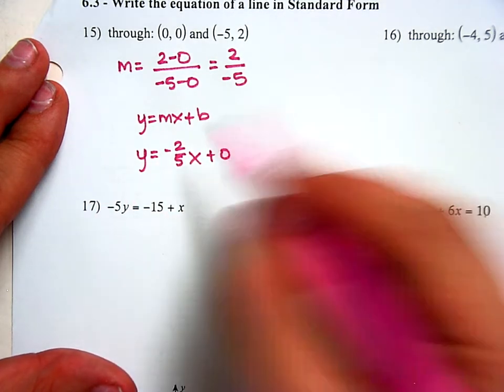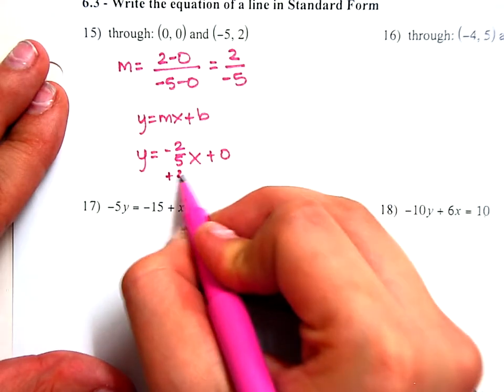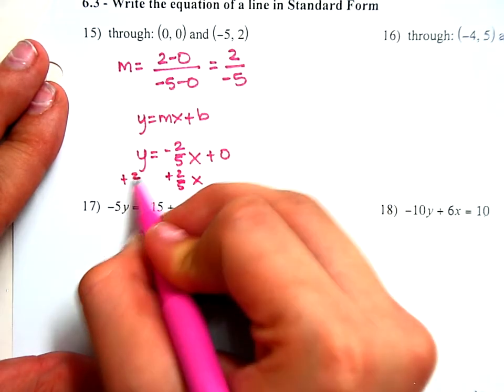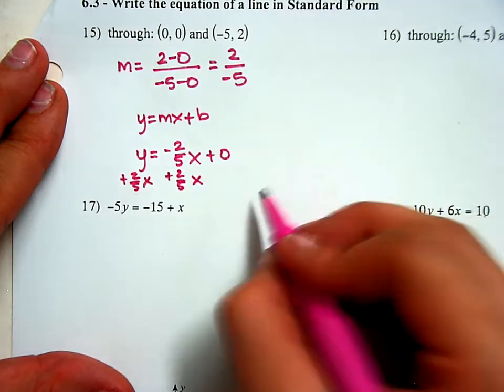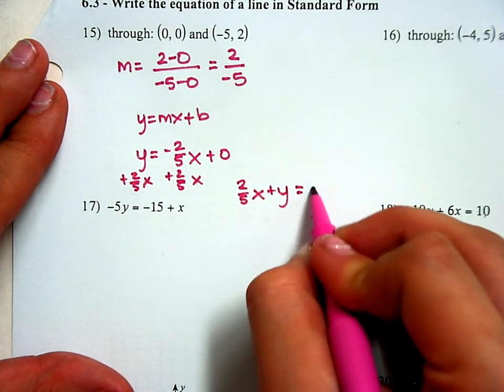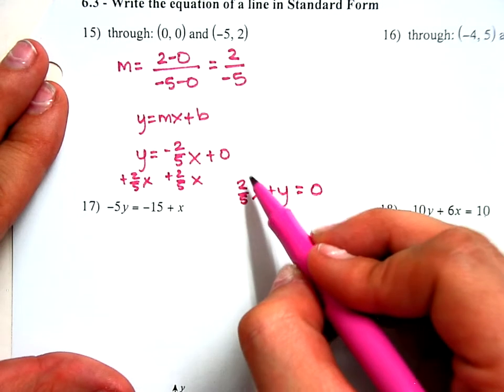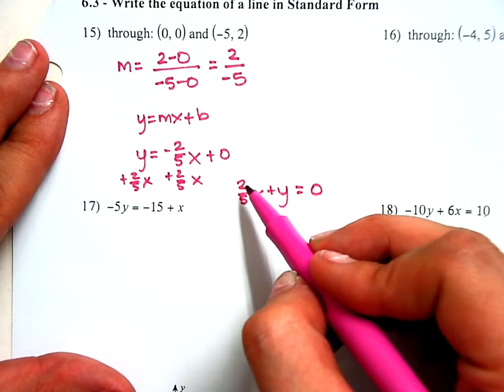Okay, so I'm going to add 2/5 x to both sides of the equation. So I've got 2/5 x plus y equals 0. However, usually when we write standard form, we're going to have whole numbers and no fractions.